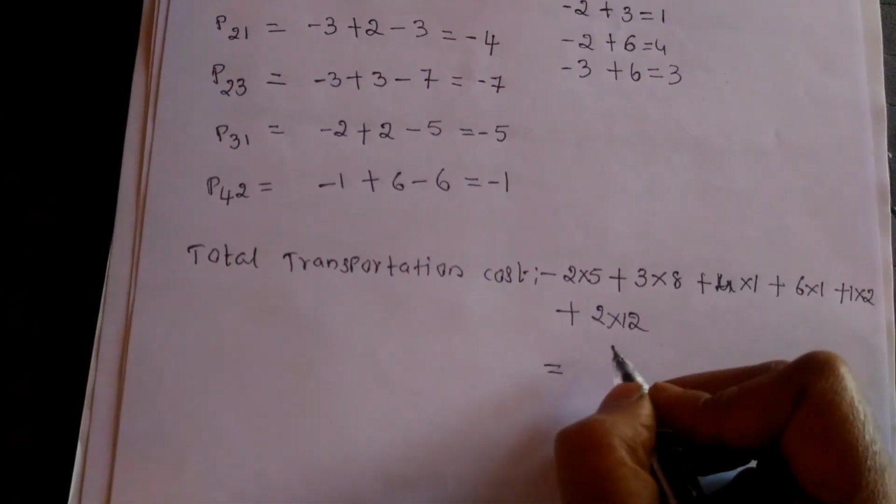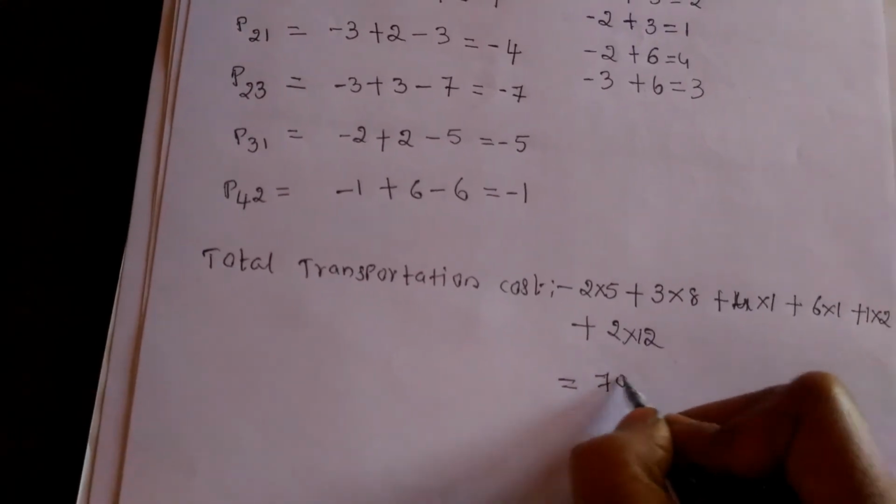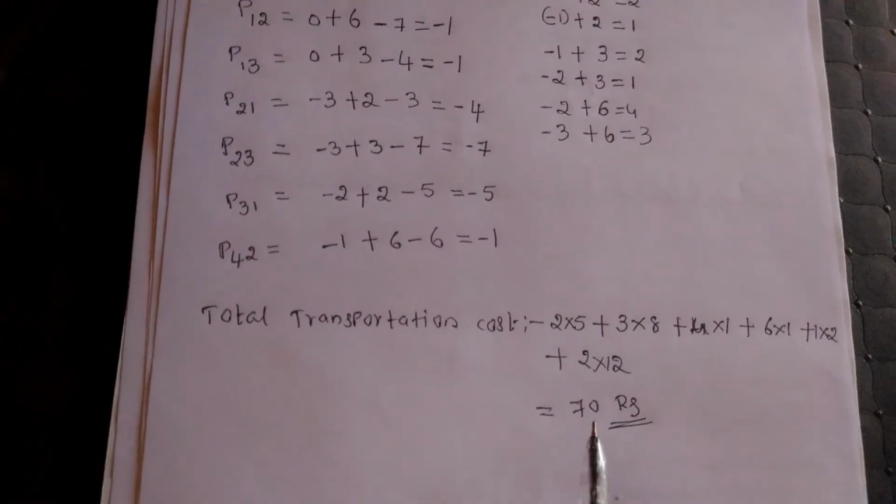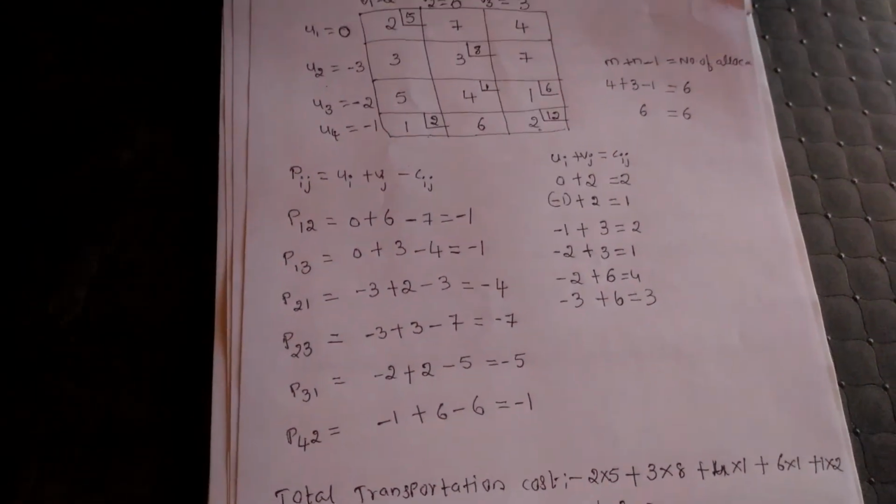The total sum is 70. So 70 rupees is the transportation cost for the given problem.